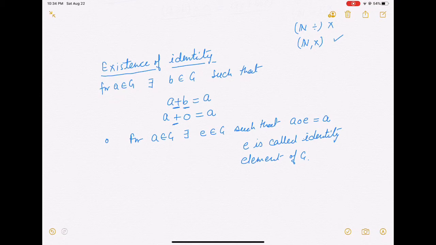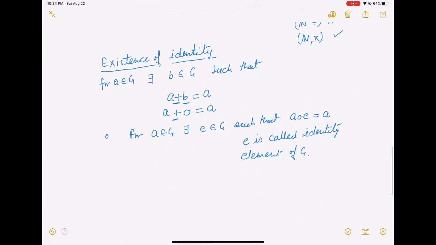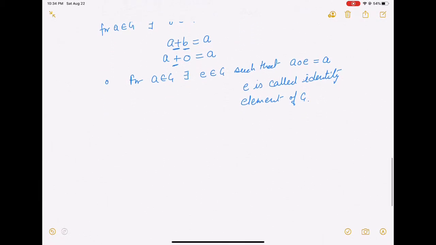Is there an identity element in G such that this identity element operated on each element of G gives the same element?